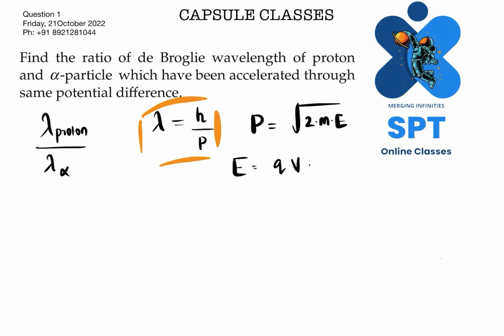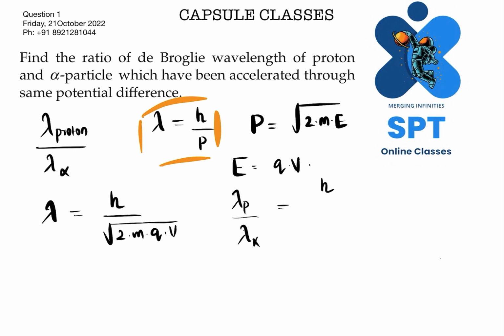But in this case the potential that we are applying for alpha particle and proton, they both are same. So now the de Broglie wavelength lambda becomes h divided by square root of 2 times mass times charge times potential. Now if you take the ratio between the wavelength of proton to wavelength of alpha particle, what will you get?